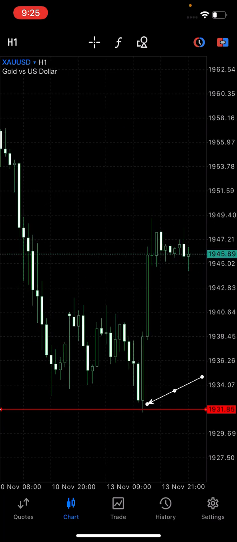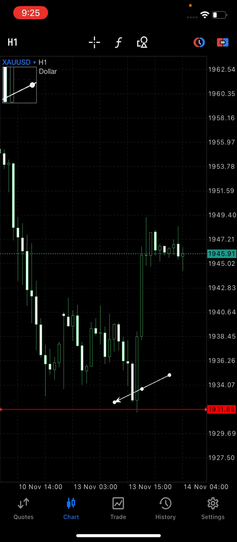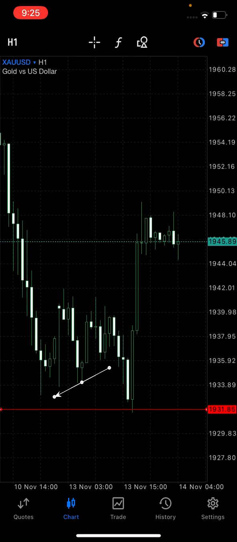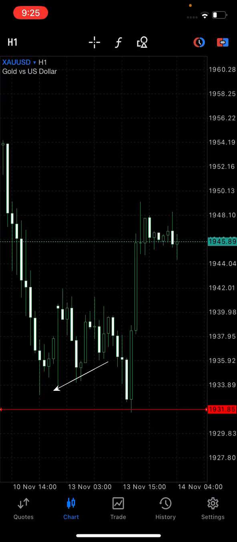So let me give you guys an example. You see multiple wicks here. You see one wick right here where the white line is, another one right here, two more right here, and then one more right here.